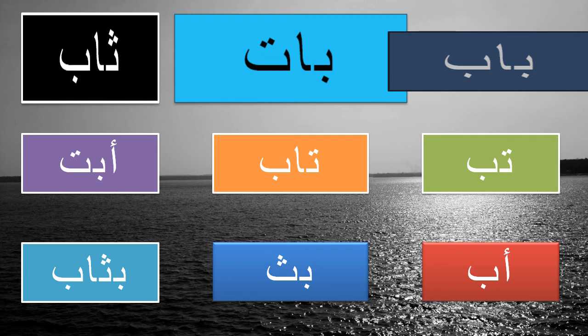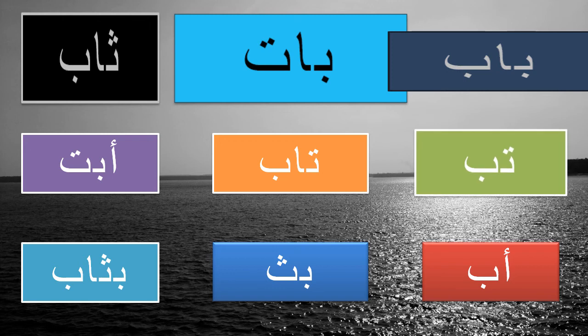The first letter, which has three dots above it, is thaa. The second letter is alif. The third letter is ba. So it's thab, thab.